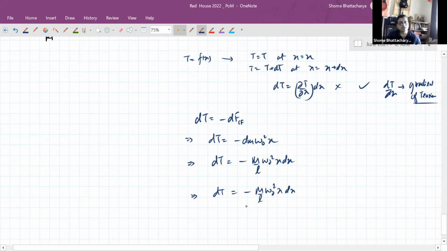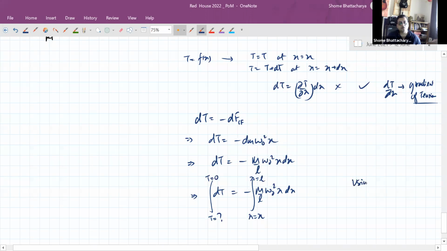Now when we do this integration, instead of x equal to 0, we will take it from x equal to x, where the tension is unknown, to x equal to L, the end of the rod where we know the tension is 0.